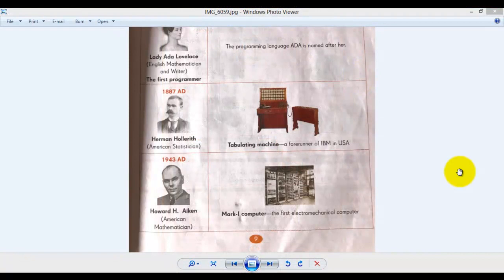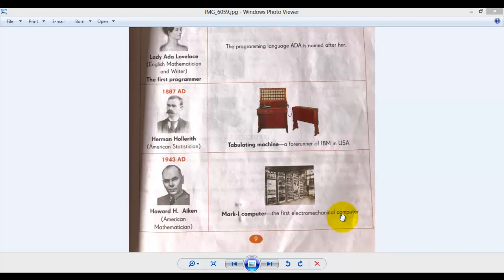So why is the Mark I computer called an electromechanical computer? This is the first such device. In previous devices, Pascaline and all, the tabulating machine, difference engine, analytical engine, why are they not called electromechanical devices? In this device, electricity is being used for calculation purposes.